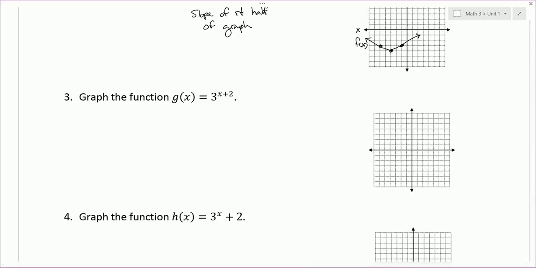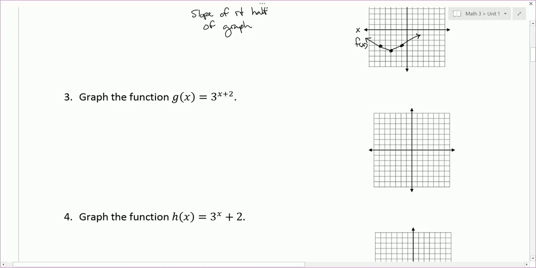Number 3, we have an exponential function. All parent graphs of exponential functions pass through the point not 0, 0, but 0, 1. And so we're going to translate the parent graph.